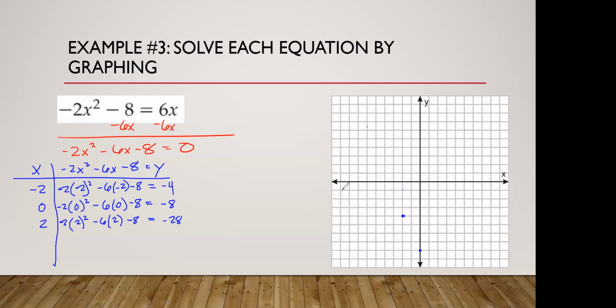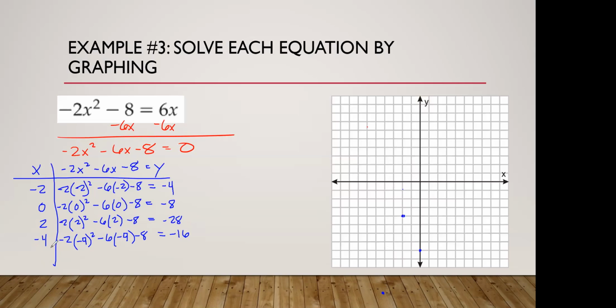Okay, so I'm going to go back and try some negative x values. So I'm going to try negative 4. So I get negative 2 times negative 4 squared minus 6 times negative 4 minus 8. And that ends up being negative 16. So at negative 4, I get negative 16, which is going to be somewhere down here. Okay, so somewhere between this point and this point is my vertex.